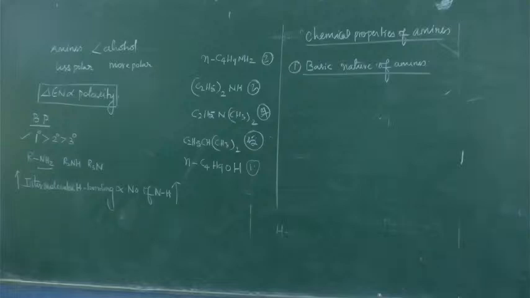That means it will take the H plus from the acid. So amines, how will they take H plus? Because it has a lone pair. Using that lone pair, it will take the H plus.